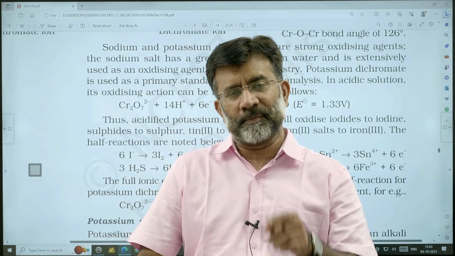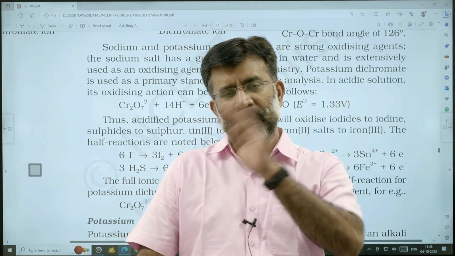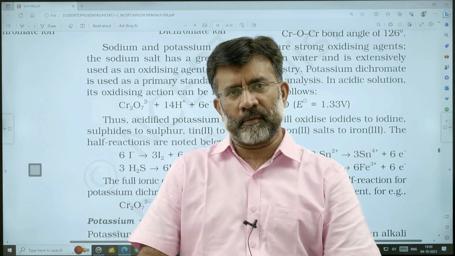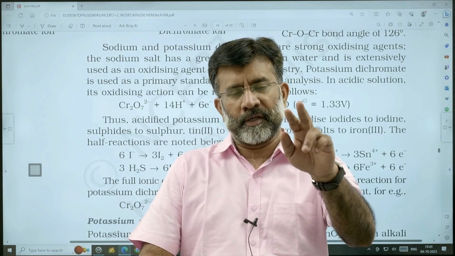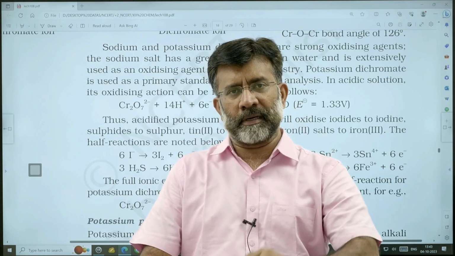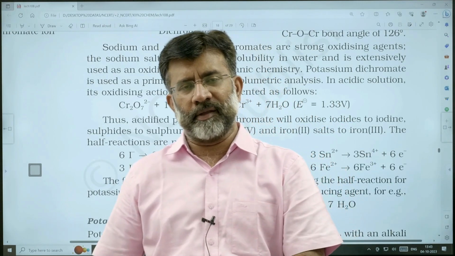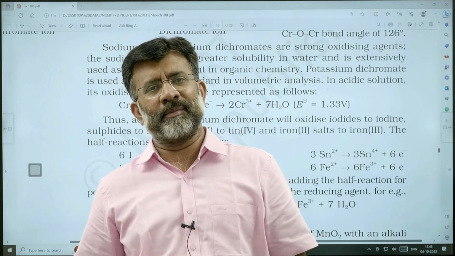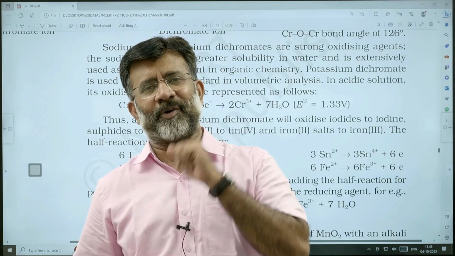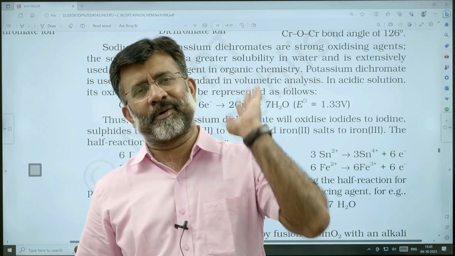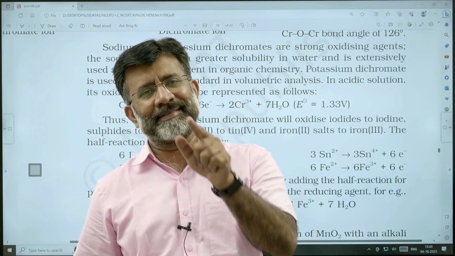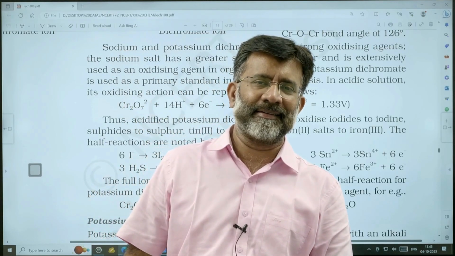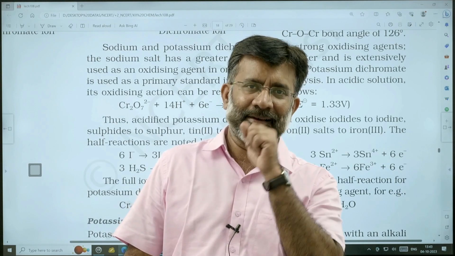How come this +6 state, where all valence electrons, the 1 electron from the s orbital and 5 electrons from the 3d orbital, are utilized for bonding? All of you know the chromium electronic configuration is 3d5 4s1. All 6 electrons are utilized for bonding. That means it is in fact a d0 condition. How come it is colored? You must learn.